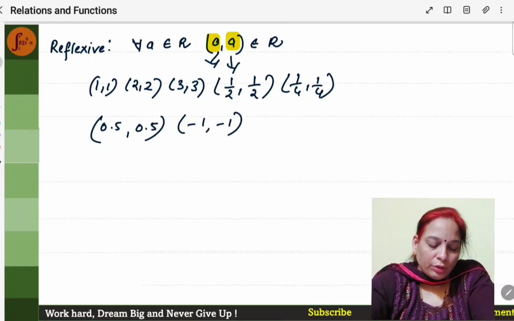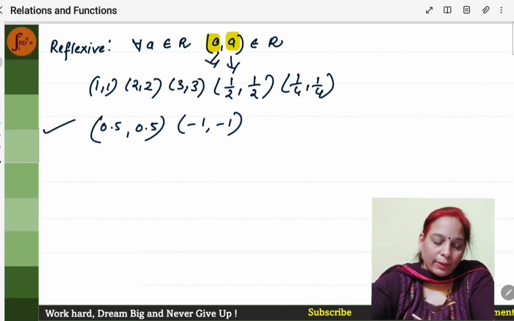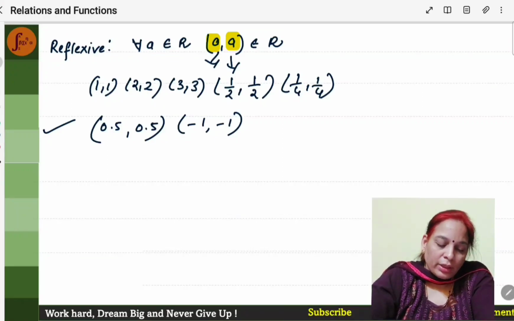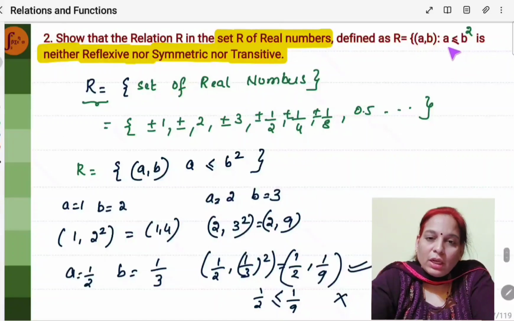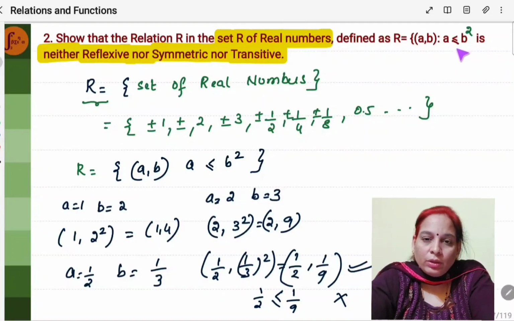So basically you take any real number, the first element and second element have to be the same. That's one condition, right? And the second condition is it has to satisfy this relation also. What is the relation? The first element should be less than or equal to the square of the second element.